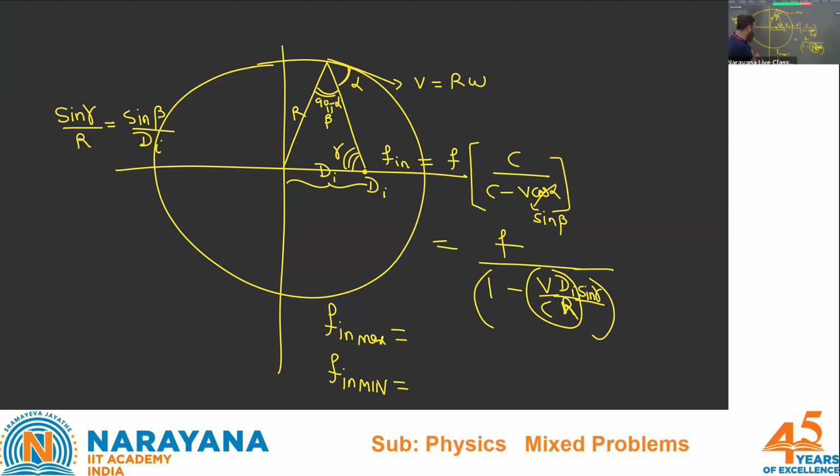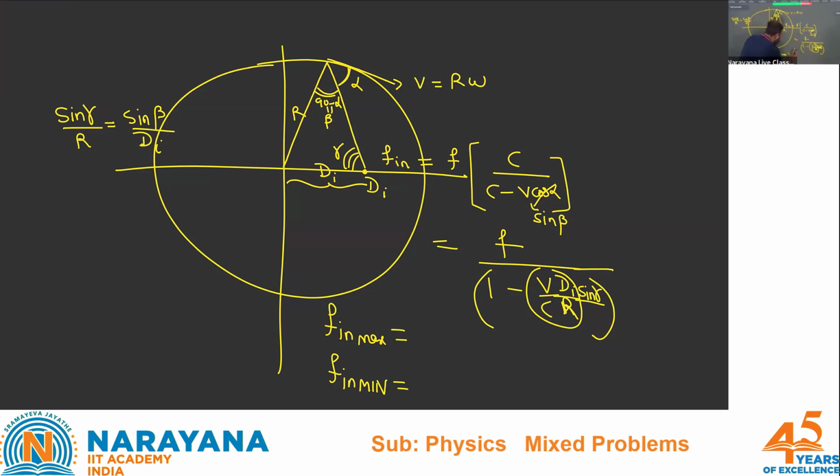So the max is coming out when the sine gamma term is equal to 1. Right? So, when it is perpendicular to this radial line, that is that position. Is that clear?